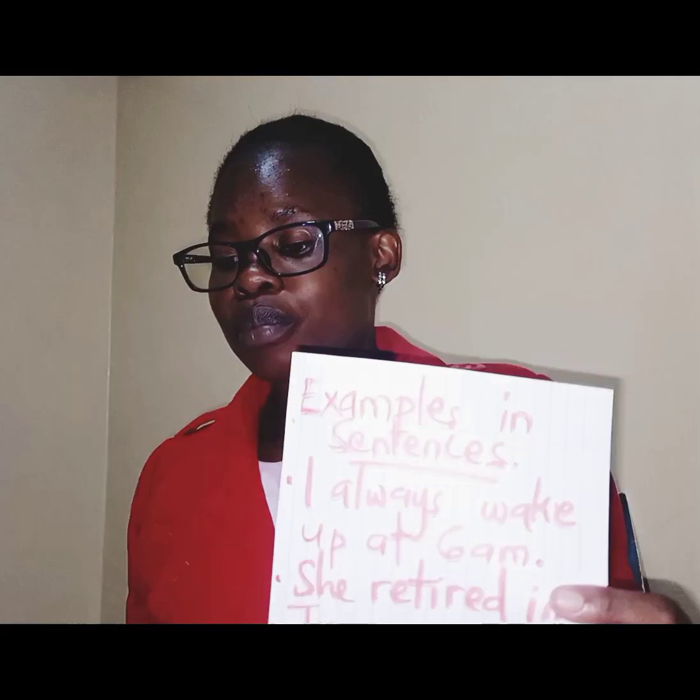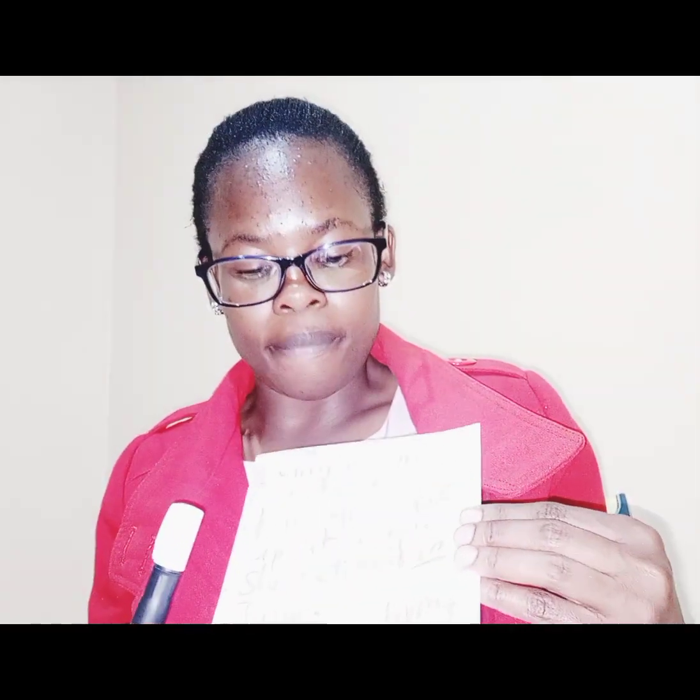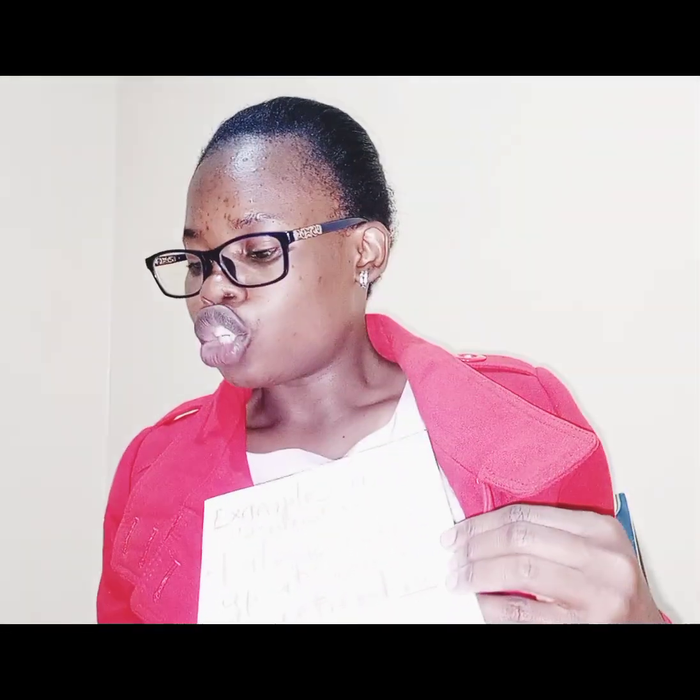Now, let's go on and look at more examples of the uses of prepositions. We just look at examples in sentences. Number 1, I always wake up at 6 a.m. Number 2, she retired in June.